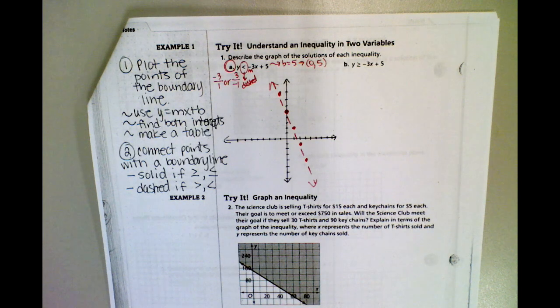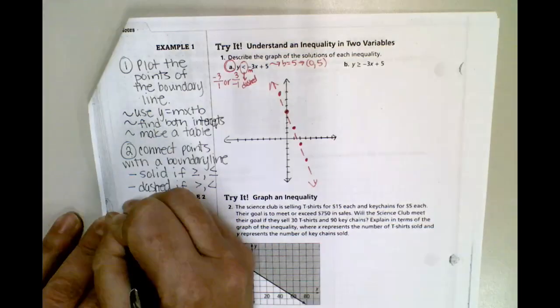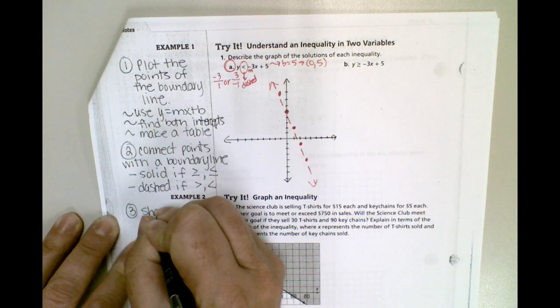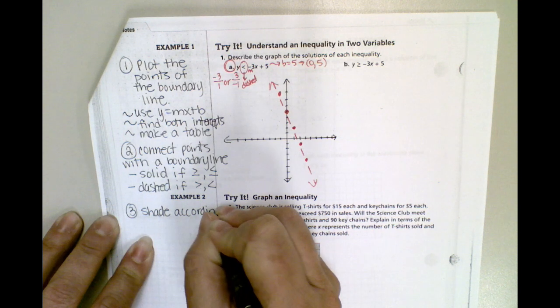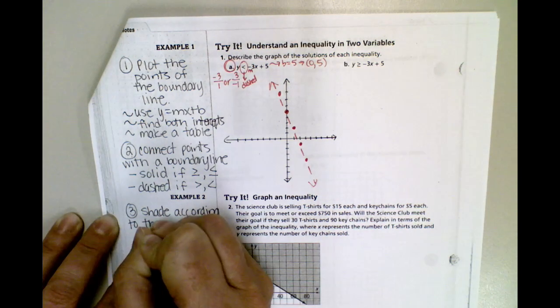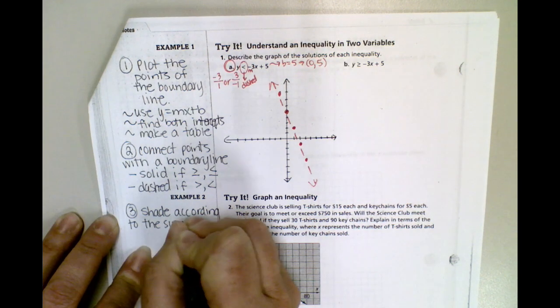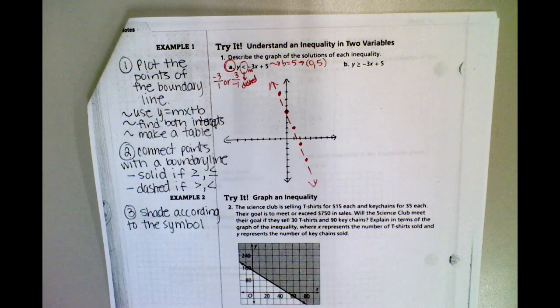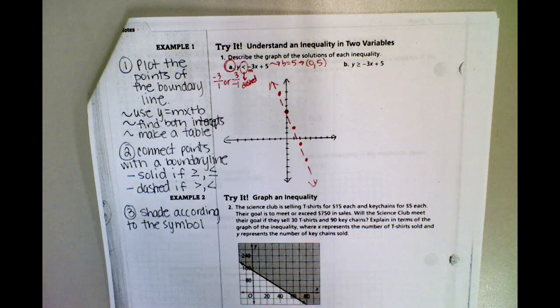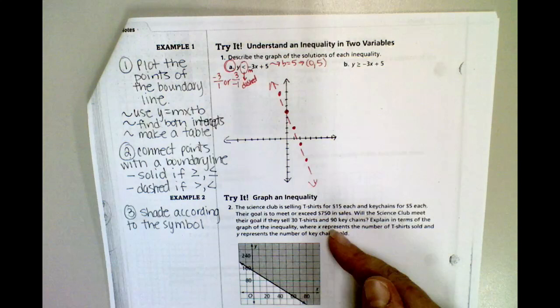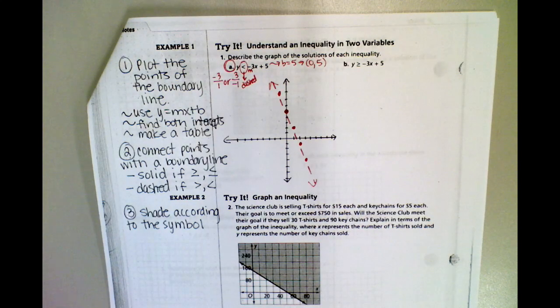So now our final step is to shade according to the symbol. A lot of times this is going to be intuitive. If I say less than, the points where the values are less than this boundary line are generally going to be below.